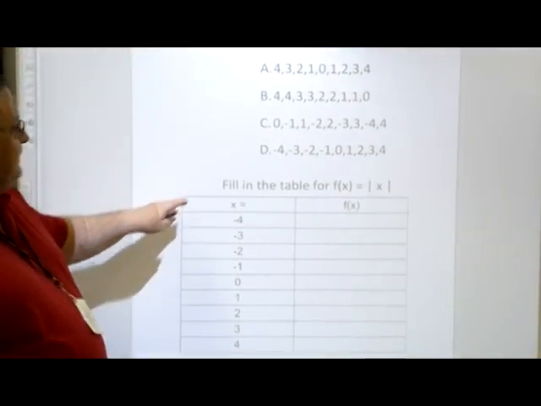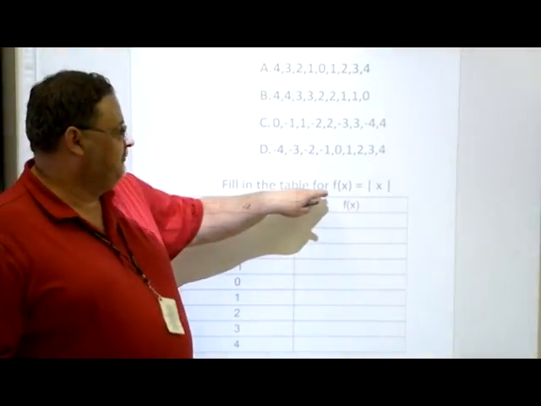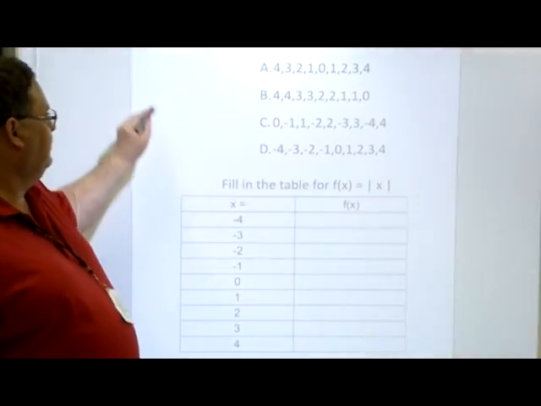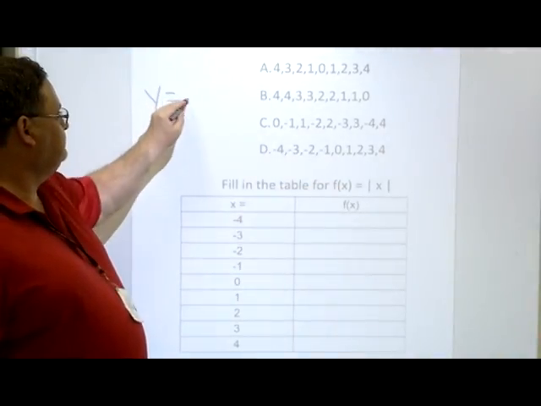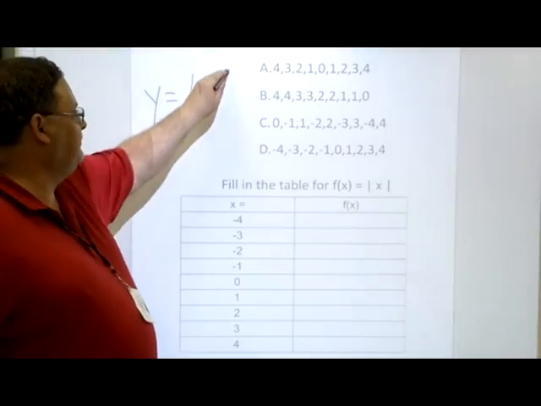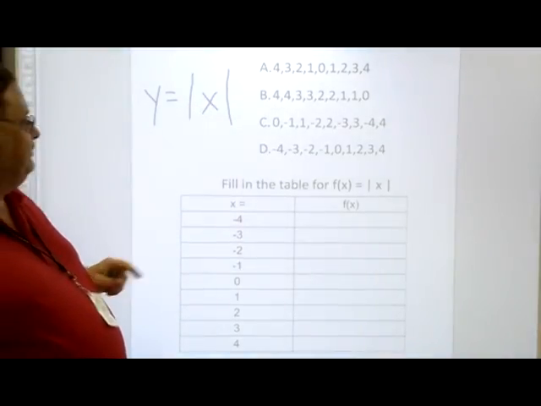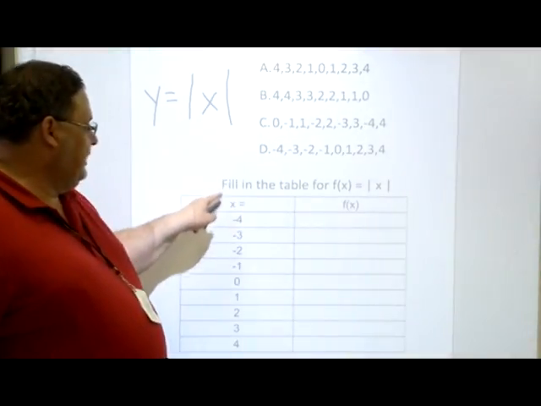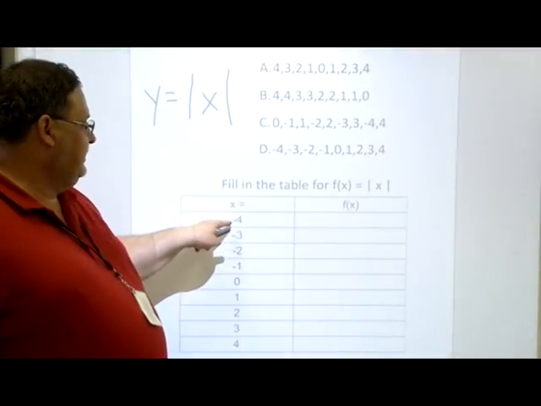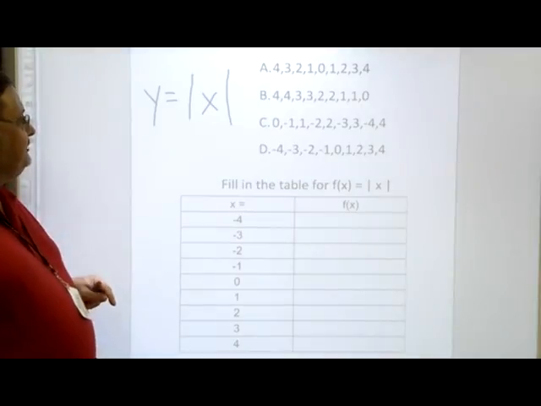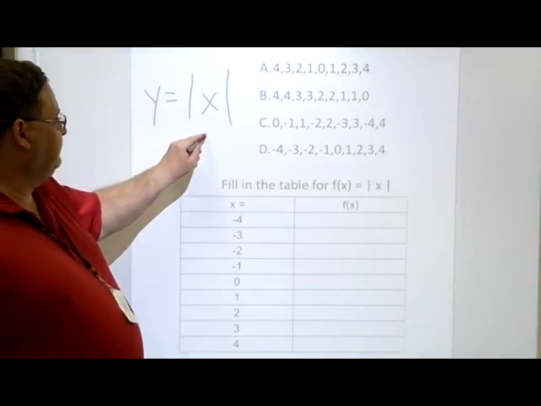Here's an example. They're asking me to fill in the table for f of x, so we know that y equals the absolute value of x. Okay? And fill in the table. Well, they tell me that my x value is -4. And so I would put in -4.